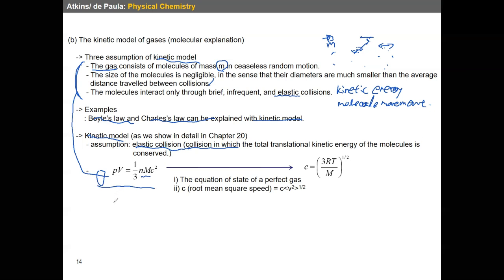So this is the kinetic model. PV equals 1/3 N m c squared, where m is the mass of a molecule multiplied by the Avogadro number. This can express the equation of state of perfect gases.